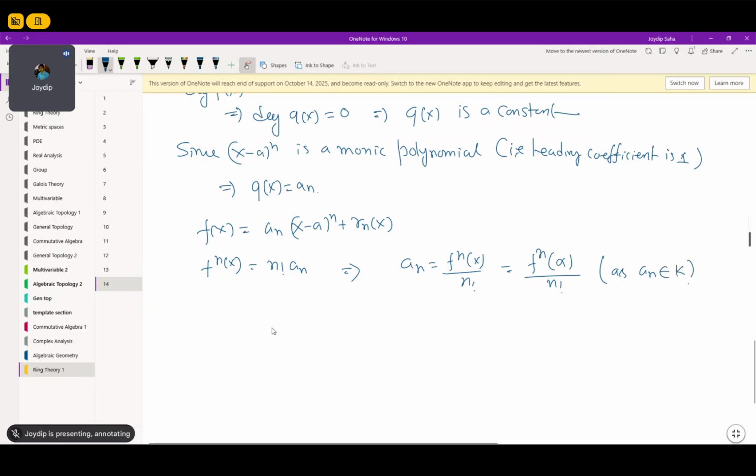Okay, so f(x) can be written as fn alpha by n factorial (x minus a) whole to the power n plus rn. What is the value of rn?